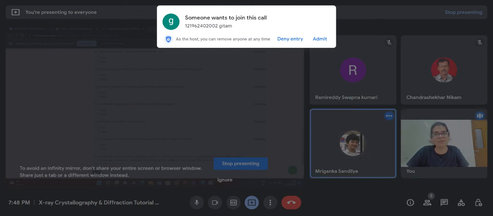Yes, ma'am. And it is also not necessary that every electron with high speed will hit the target. Inside an X-ray tube, gas molecules are also there. It is not necessary that it will always hit the target. It can collide with gas molecules and lose its energy, and it can strike the wall and lose its energy in the form of heat.